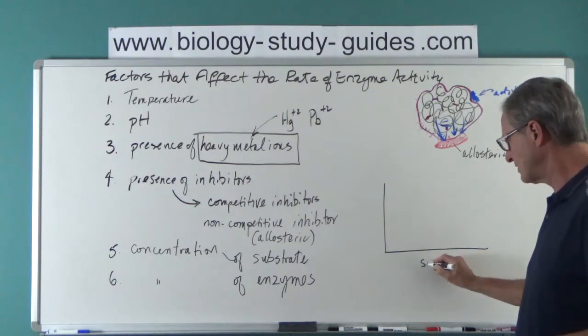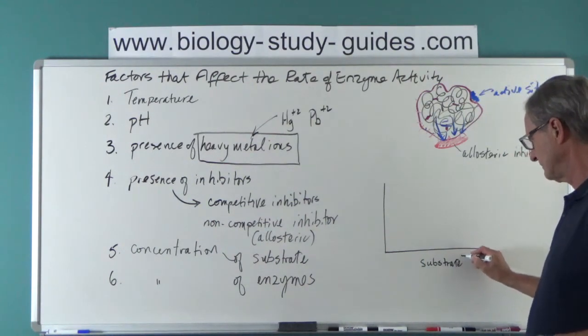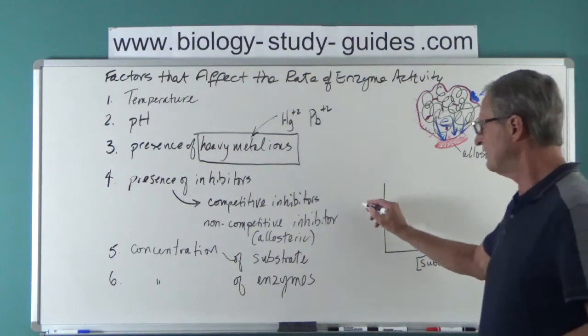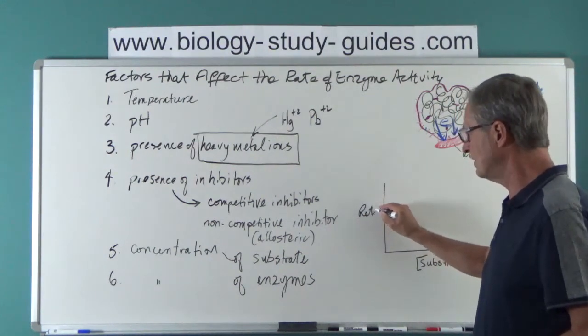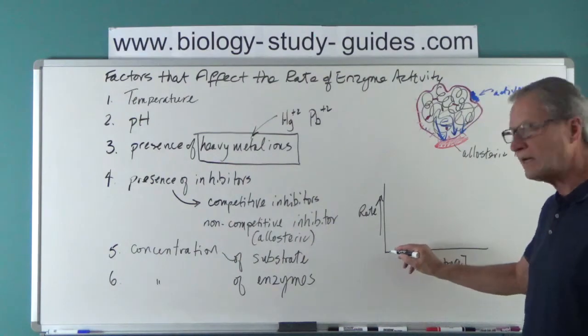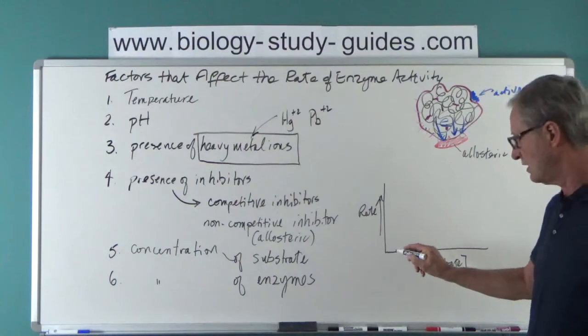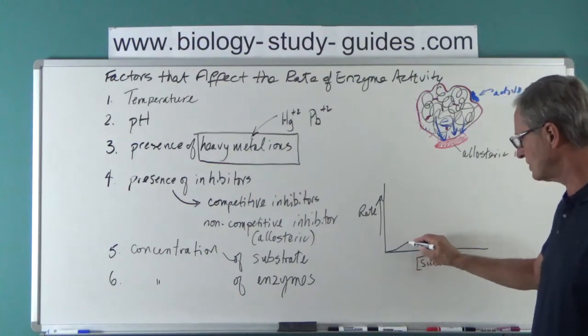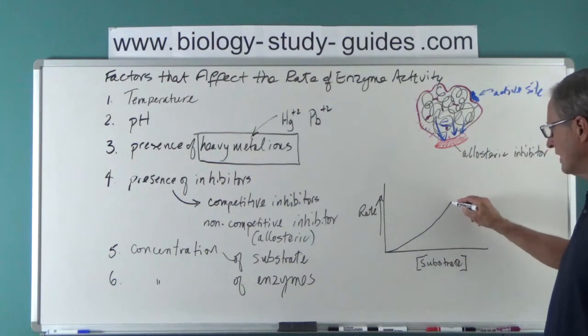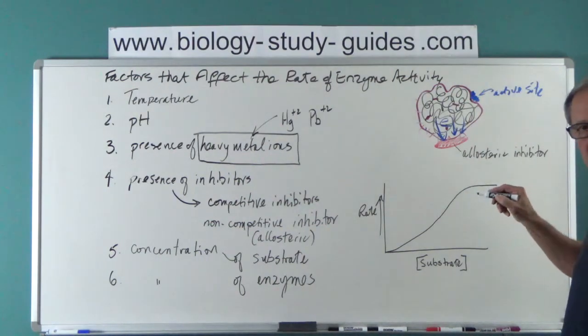If we take this as the substrate concentration, and this is the rate of enzymatic reaction here, if there's very little substrate, way down here, there's going to be very little reaction. But as the substrate increases in concentration, you're going to get more and more reaction, and it'll actually level out.